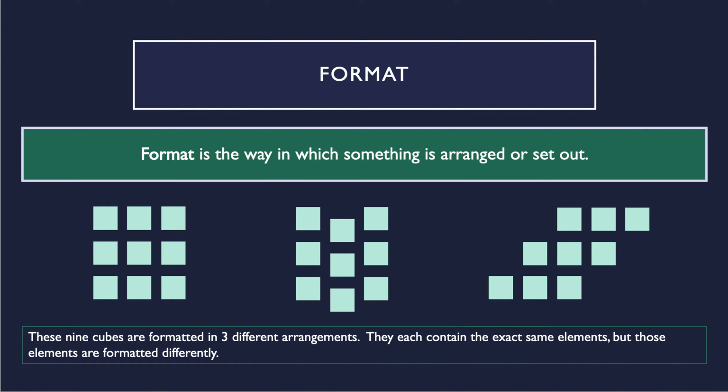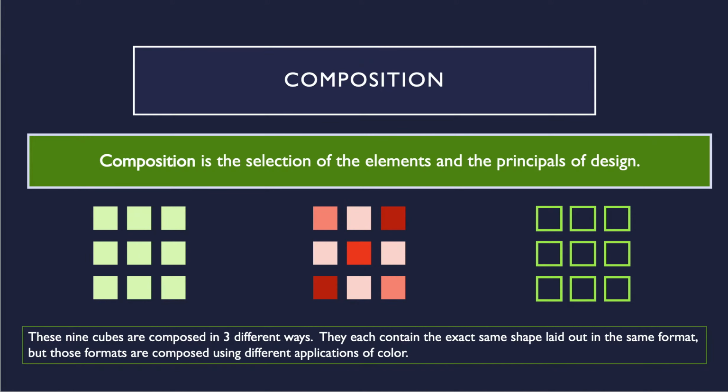Okay. Now, composition is where we select the elements and the principles of design. The 9 cubes are formatted the same. They are composed in 3 different ways, right? So they have the exact same shapes laid out in the exact same format, but the formats are composed using different applications of color and line.